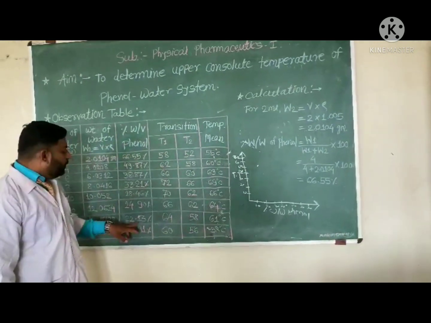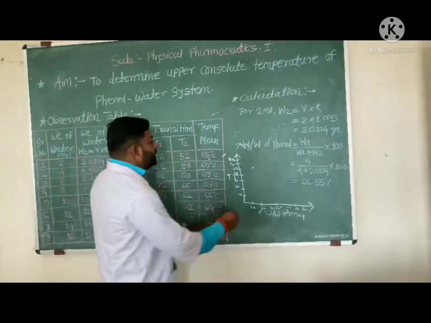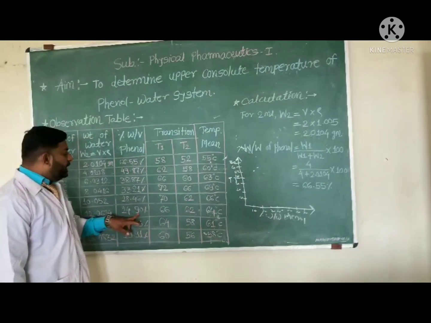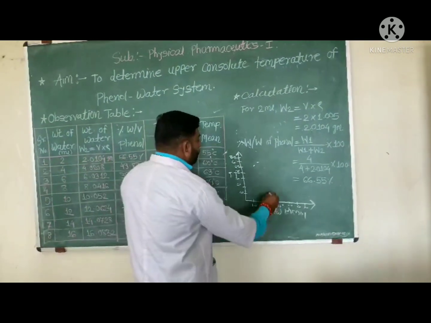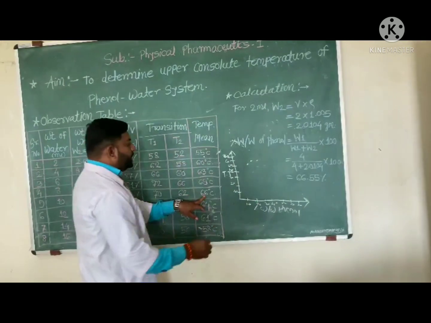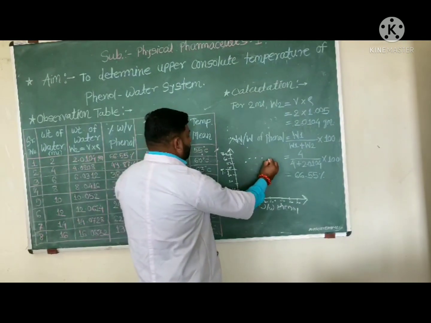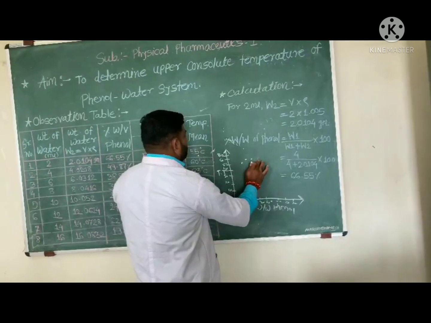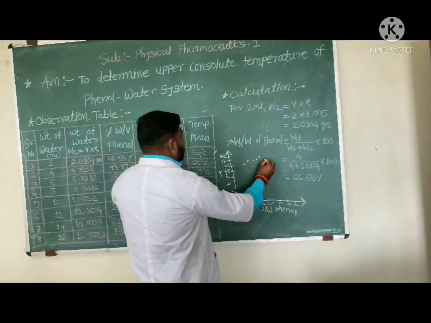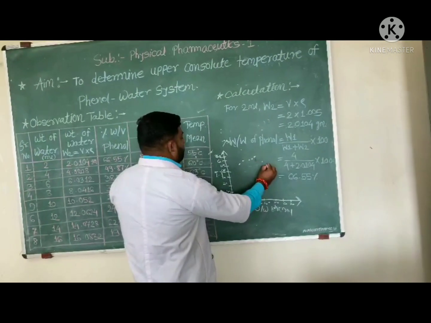Then the second is 22.30, temperature is 61. The third point is 24.90, temperature is 64. Then temperature is 66, 69. Then 63, 60.